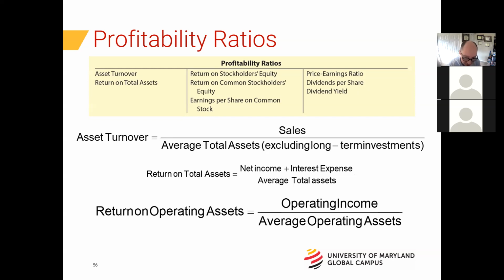Income before interest and taxes is operating income. So it's your revenue minus your expenses before interest and taxes. Typically, this is found toward the end of the income statement, divided by average operating assets. Operating assets are your property, plant, and equipment.